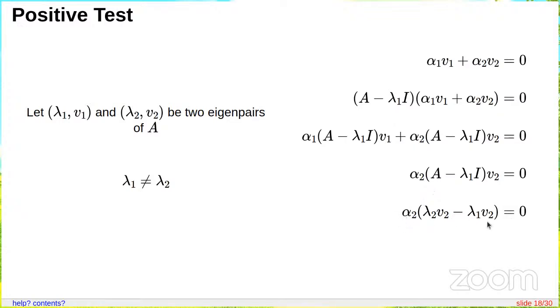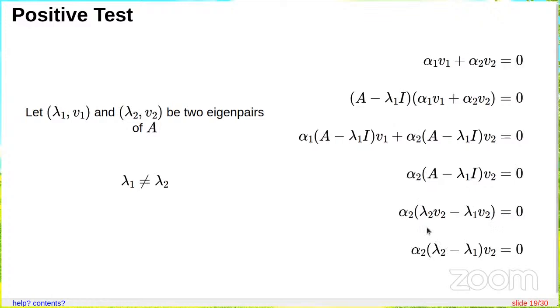Okay, so where is the first term, that is alpha 1 into A minus lambda 1 I into V1, gone? That vanished here, right? Since V1 is in the null space of A minus lambda 1 I, this will become 0. Or A V1 is lambda 1 V1, right? So this will become 0.